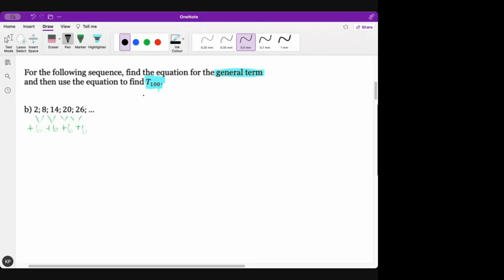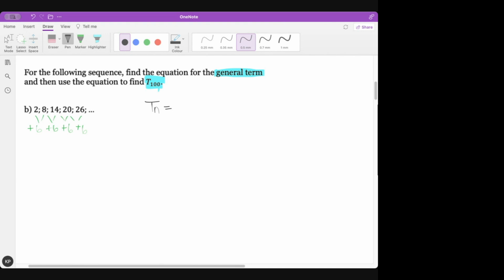Tn equals. I'm going to wait a few seconds because I think someone might remember. Tn = bn + c is one you should have been using in grade 8 and 9.